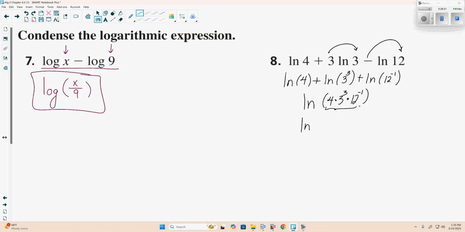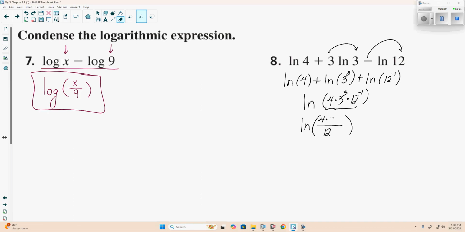Now really, since everything inside this log is just straight numbers, we could use a calculator, let it do it for us. But especially with variables, or if a variable has a negative exponent, like the 12 to the negative first, we'd move it to the bottom of the fraction with whatever the exponent is. But since here the exponent's -1, 12 goes to the bottom of the fraction, and we get 12 to the first, or just 12.